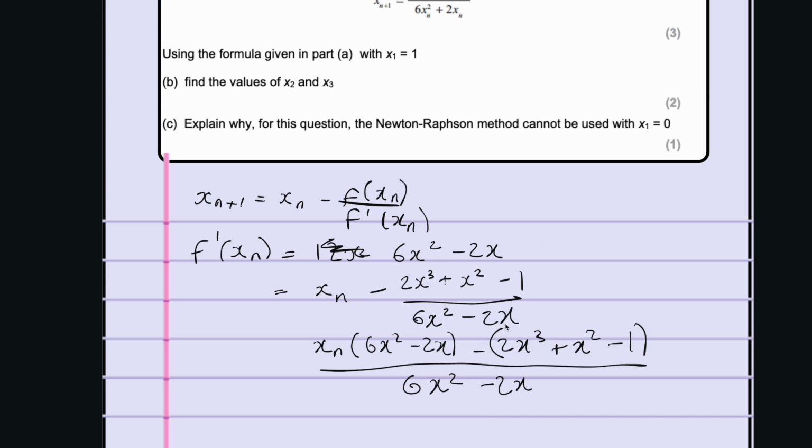And I also need to times this side by xn as well. So that's my common denominator.